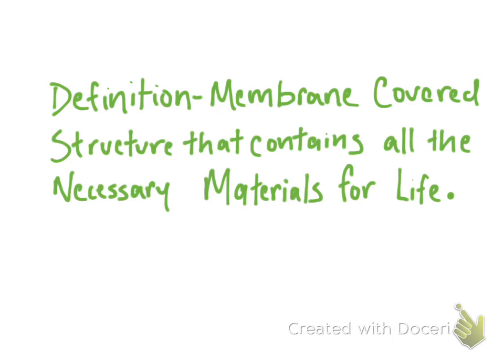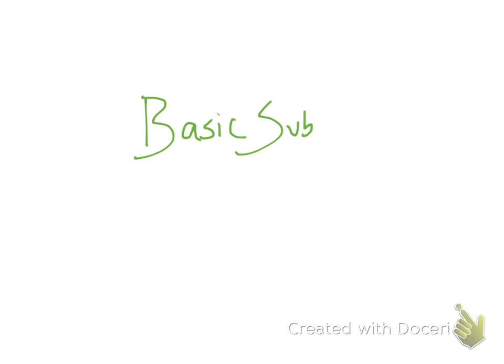These necessary materials help the cell function and carry out different jobs within different organs and parts of the body, and these jobs are what fuel the organs and let the body as a whole function. Another way of putting the definition is that the cell is the basic subunit of our bodies. It's the structural makeup of every single part and organ.